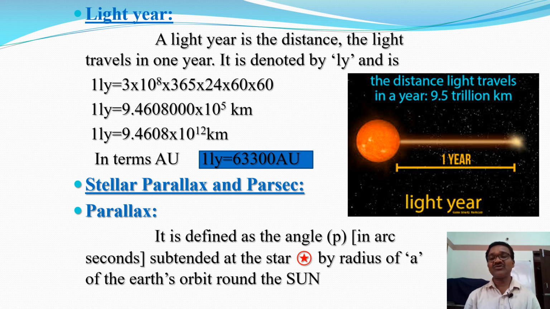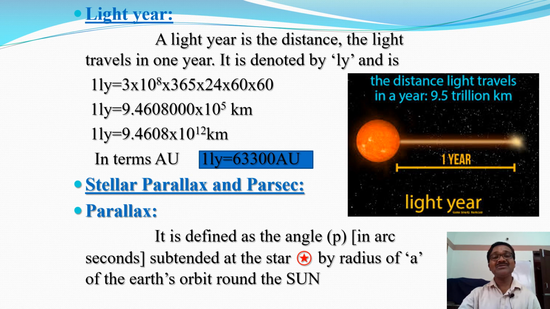So the second unit is the light year. Light year is nothing but the distance traveled by light in 1 year, and it is denoted by ly.